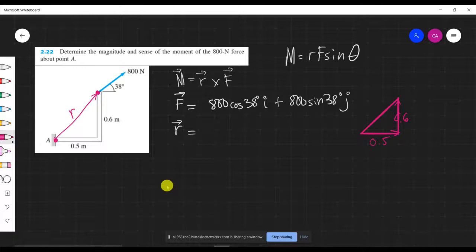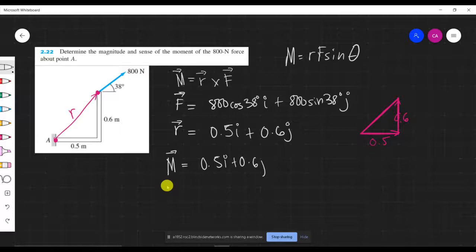So, therefore, binigay na sa atin yung vector R. So, parang 0.5 to the direction of I plus 0.6 to the direction of J. Okay? Now, to find the vector M, so 0.5 I plus 0.6 J.